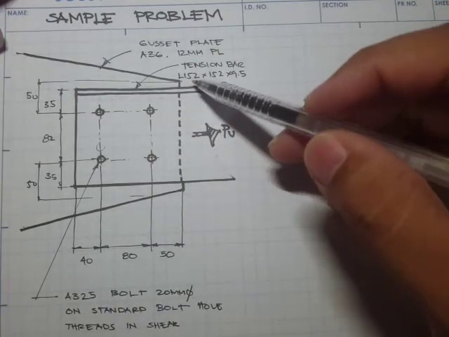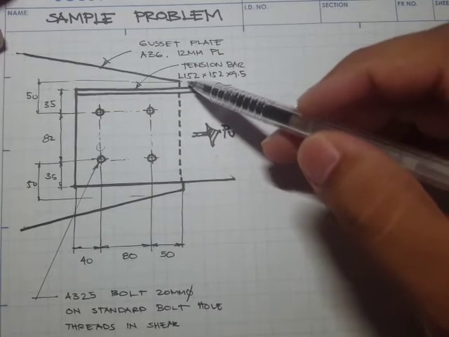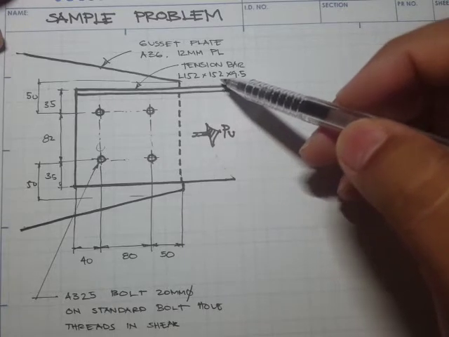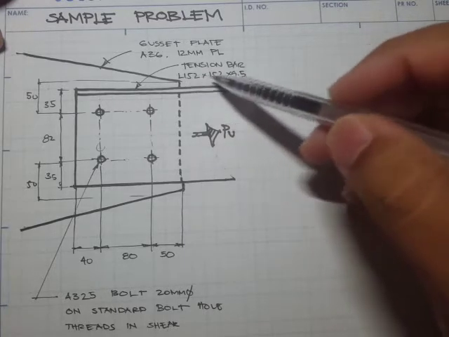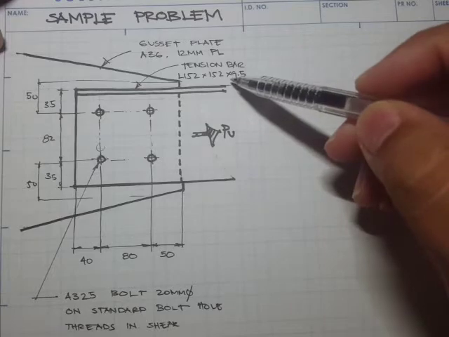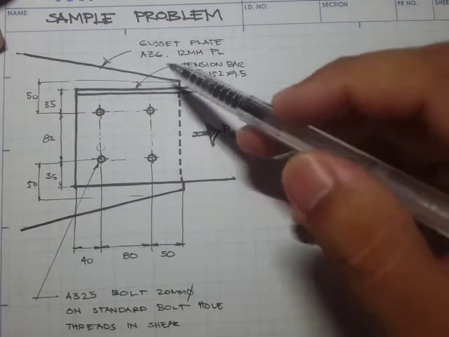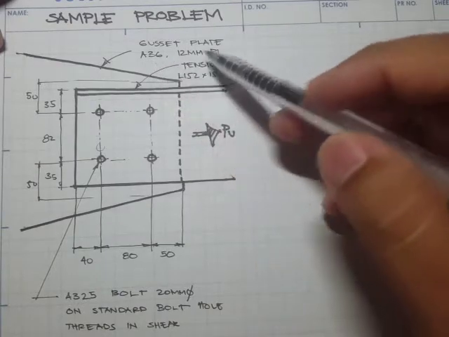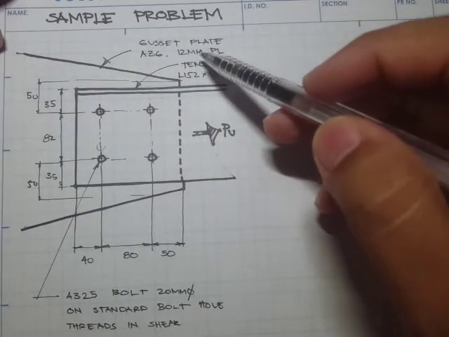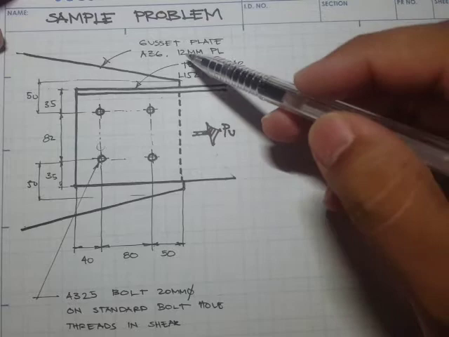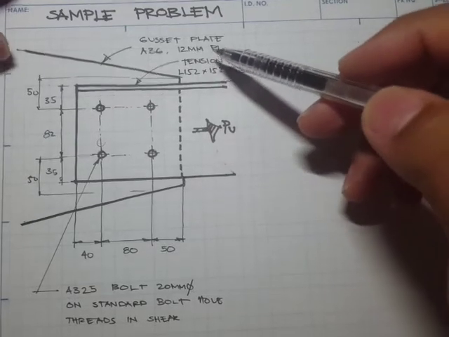The bar is an equal leg angle, that's L152 by 152 by 9.5, and the gusset plate is an A36 12 mm plate, so the thickness is 12 mm.